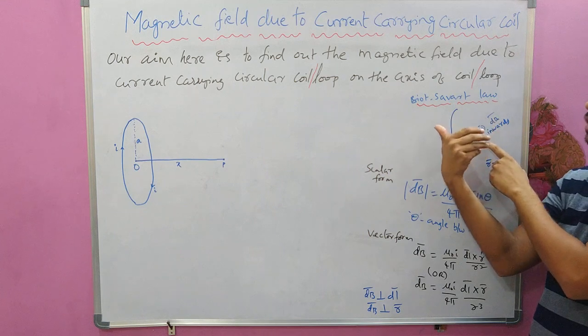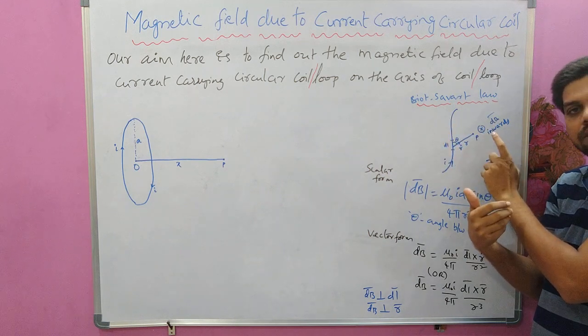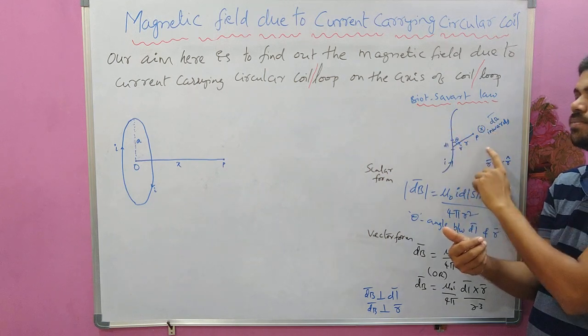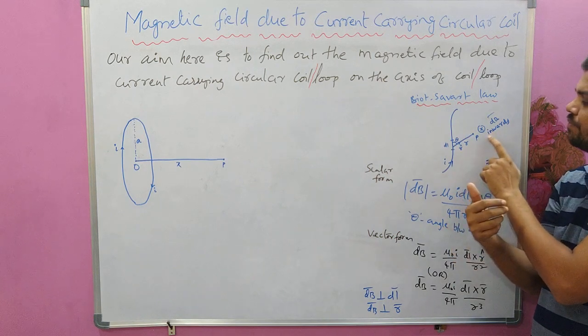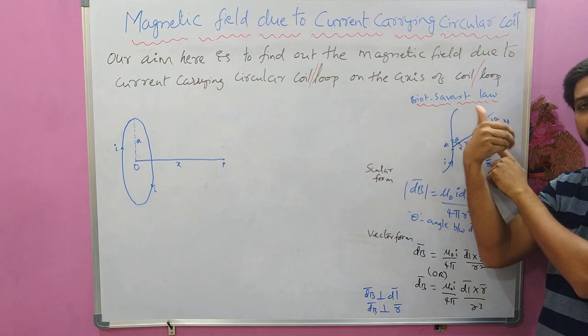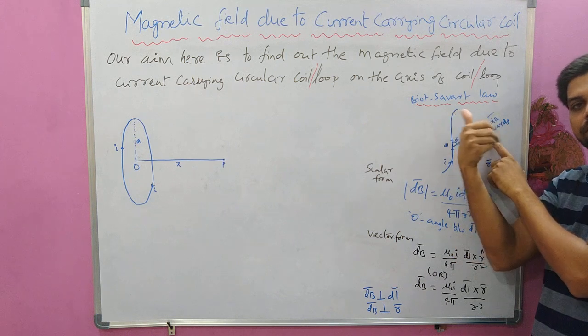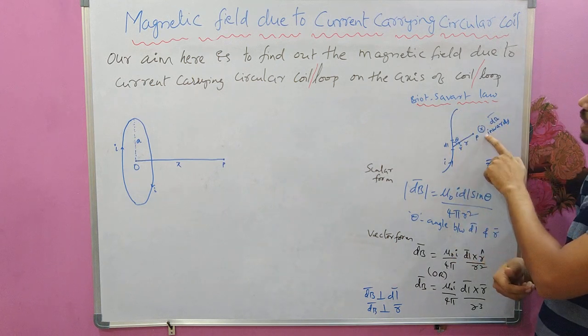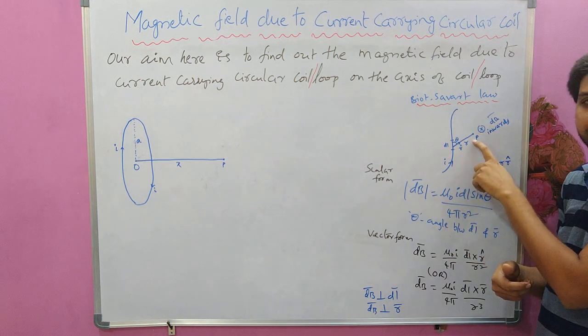Since the point is on this side of the wire, the magnetic field here would be inwards because the current is going upwards. So dB here is inwards at this point P.